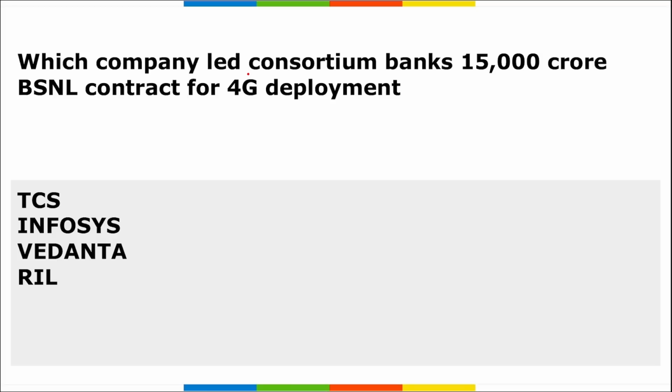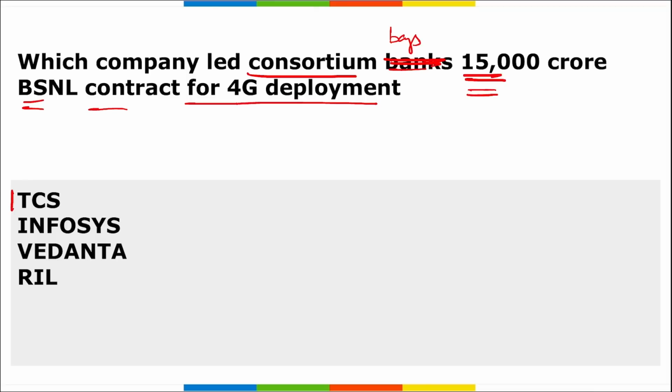which company led consortium banks of 15,000 crore rupees BSNL contract for 4G deployment? I repeat, which company bags, not banks, bags the 15,000 crore rupees BSNL contract for 4G deployment?